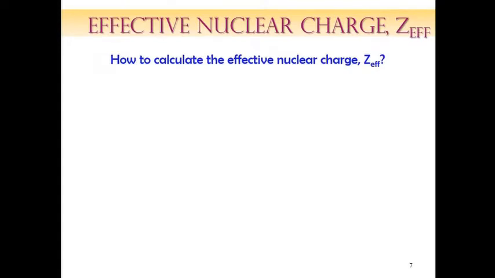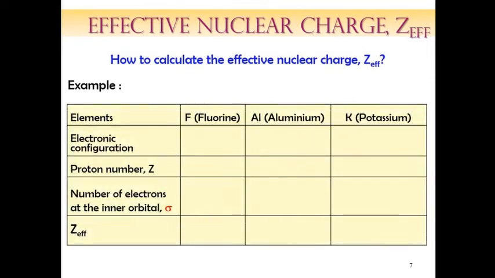How to calculate the effective nuclear charge, or Z? Let's look at the example given. We have three elements: fluorine, aluminium, and potassium. For fluorine, the electronic configuration is 1s2, 2s2, 2p5. The proton number of fluorine is 9, and the number of electrons in the inner orbital is 2.